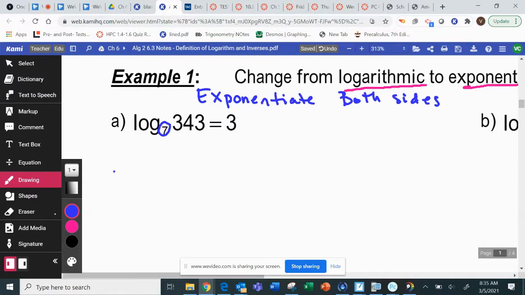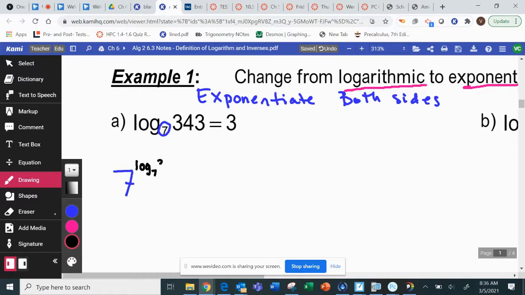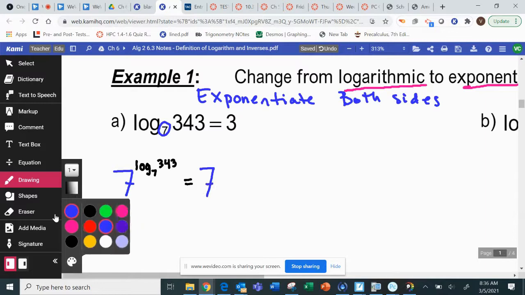So I'm going to give both sides a base of 7. And I'm going to take both sides and make both sides an exponent on that base I just gave. As long as you do it to both sides, we're allowed to do that.